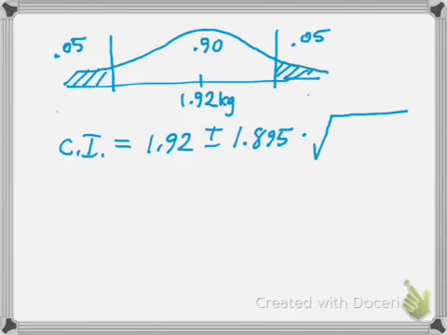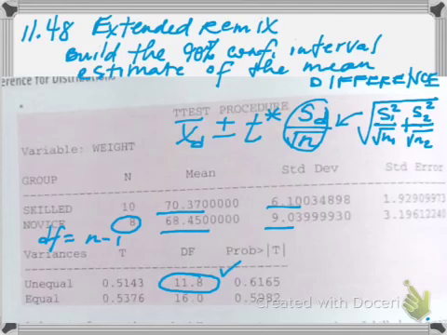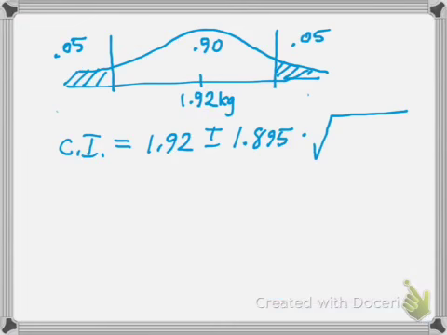So what I'm saying is you could do this, but they have already given us s divided by the square root of n, so why not use it? Right here, this 1.929, but I am going to have to square it because that's the standard deviation divided by the square root of n. So I would get back 1.929.